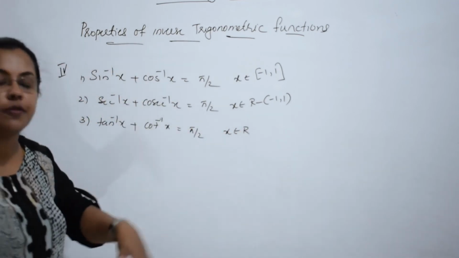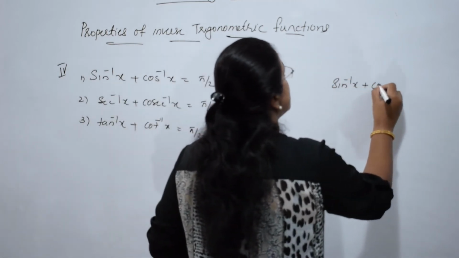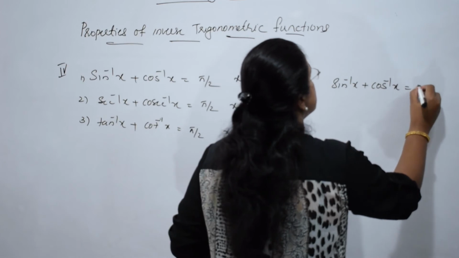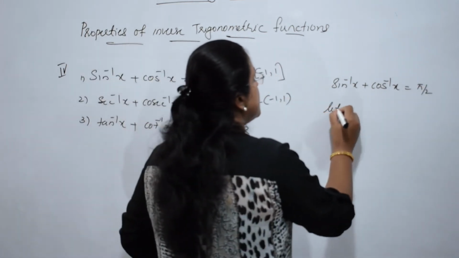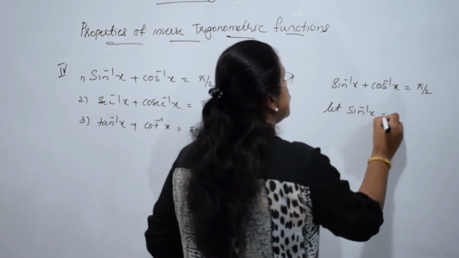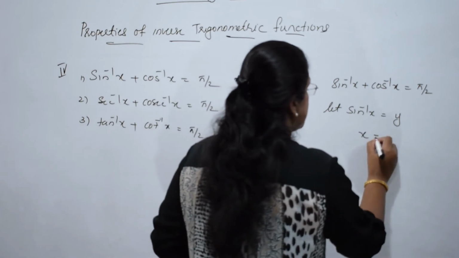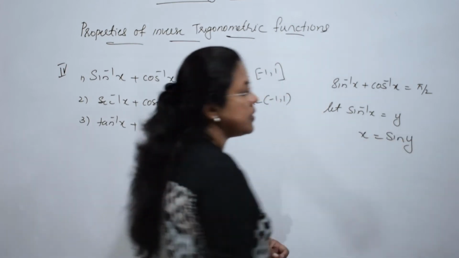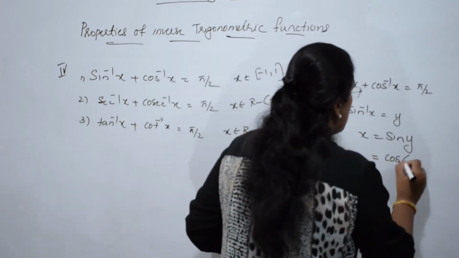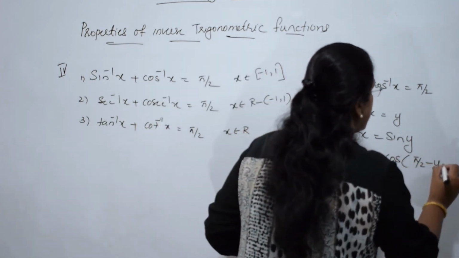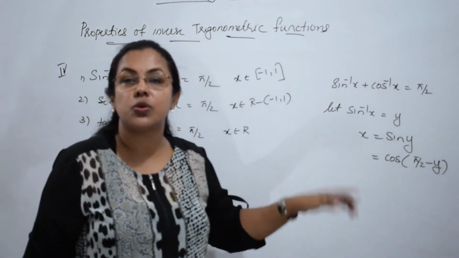We will prove one of them, that is sin inverse x plus cos inverse x is equal to pi by 2. Let sin inverse x is equal to y, then we can write x as sin y, isn't it? This is the same as cos of pi by 2 minus y. Why? Cos of pi by 2 minus theta is equal to sin theta.